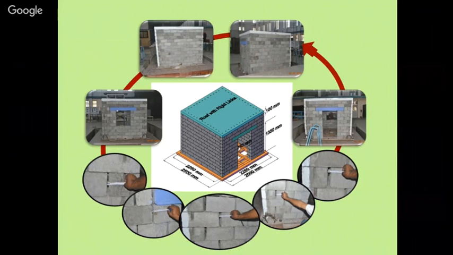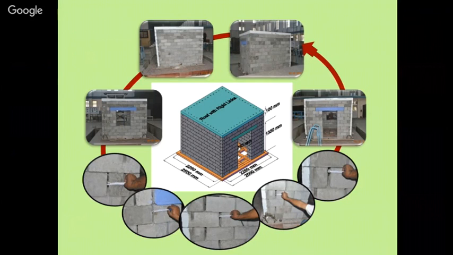But when it shakes in a maximum considered earthquake with a magnitude more than 7.5, then only your plaster will crack, only your plaster will come out. Then how does it matter if plaster comes out and you are enjoying the earthquake sitting in your home? How does it matter? Nothing. You are safe in that building.